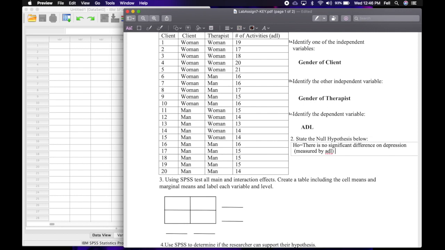So there's no significant difference on depression depending on the gender of the therapist and the gender of the client.